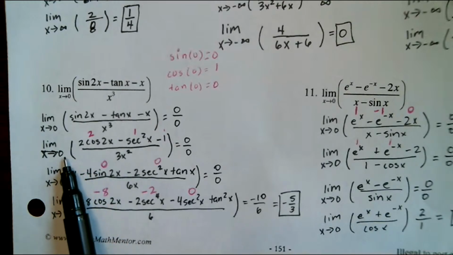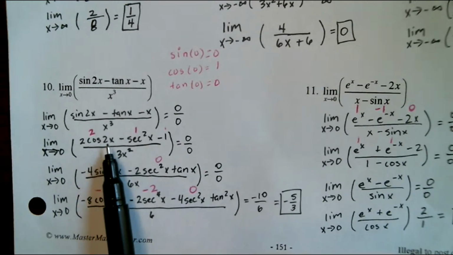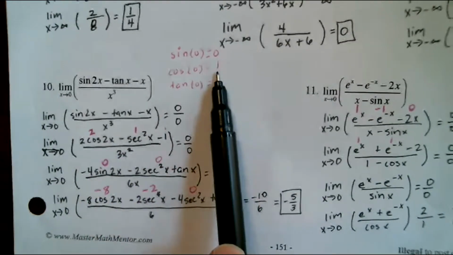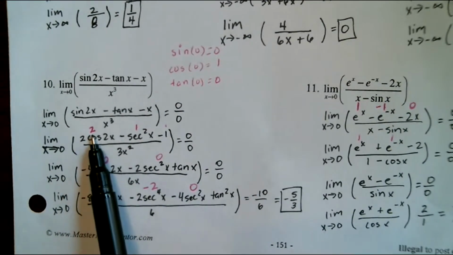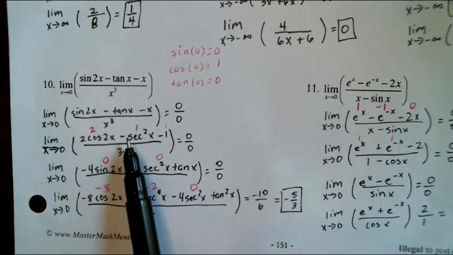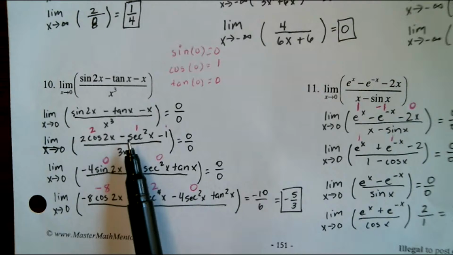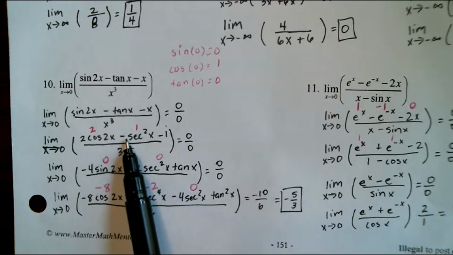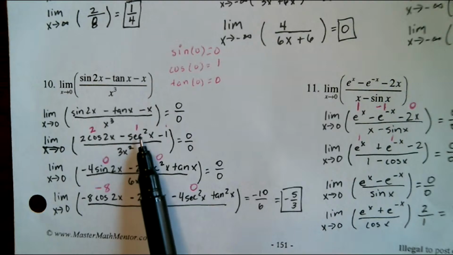So now we plug 0 in here. Cosine of 0 is 1. So 1 times 2 is that 2 in pink there, minus secant squared.